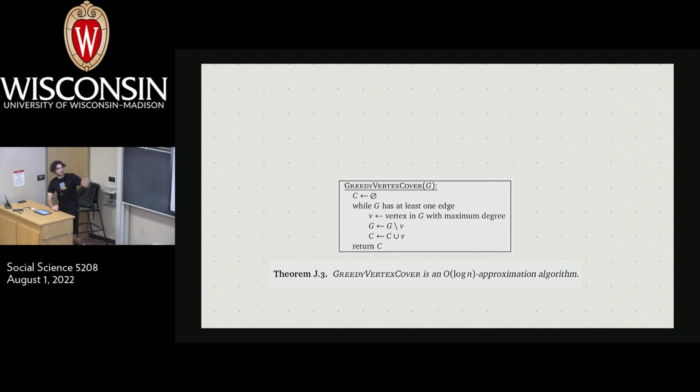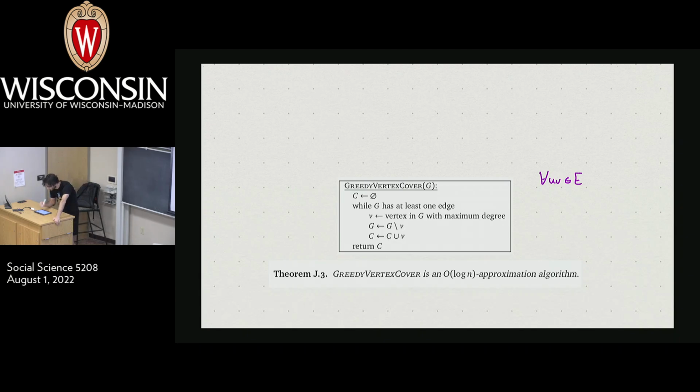So at the end, when there's no more edges, that means every vertex we picked has to be touching some of the edges. The reason it's correct, it's still a vertex cover, is because any edge (U, V) in G has to be covered. Let's say it wasn't covered, well then G still has an edge left.